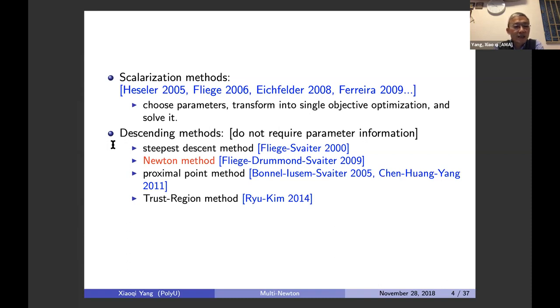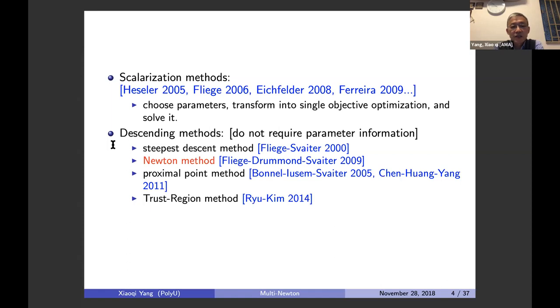There are quite a number of descent methods. One I'd like to mention here is the Newton method, which is what we're going to talk about. It is by Fliege, Drummond and Svaiter in 2009. That's a paper we're going to refer to frequently.